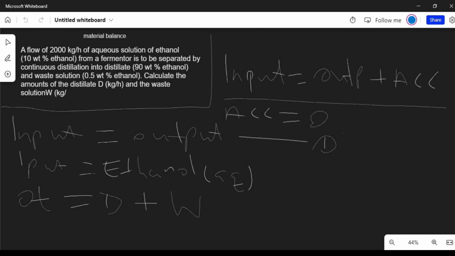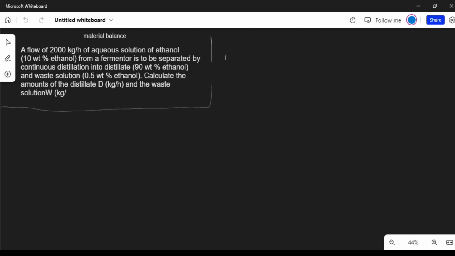From this, if we want to write the complete equation, we will realize that we'll end up writing ethanol, pardon me to use E, which is our input, should be equal to D, which is our distillate, plus W, which is our waste solution. Okay, now that we have gotten our parameters down very well, let's write our complete equation 1.